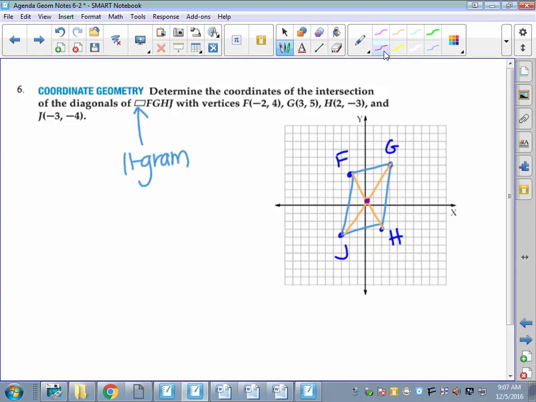Diagonals bisect each other, right? So this is congruent to this. And F to that intersection is congruent to H to the intersection. How could you find the actual coordinate of that point?